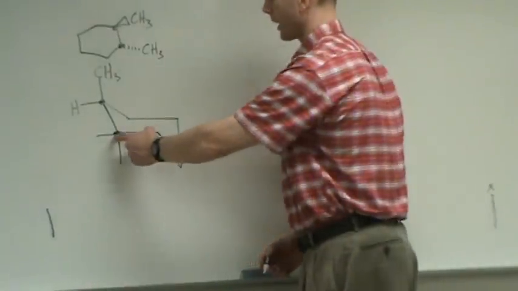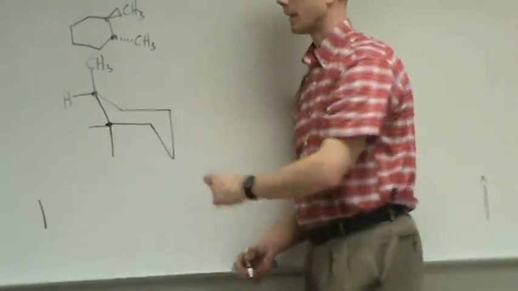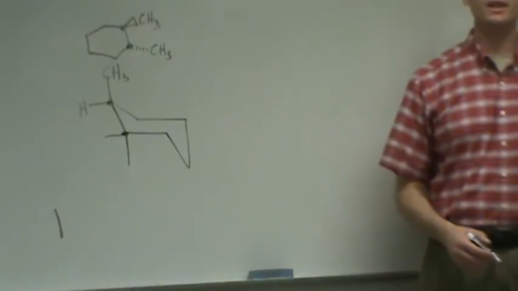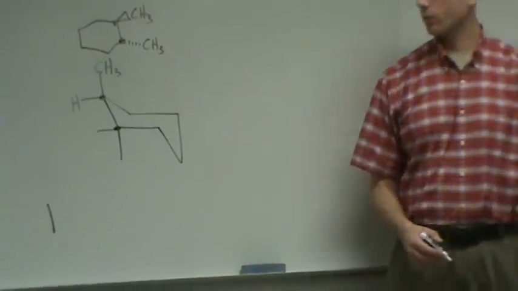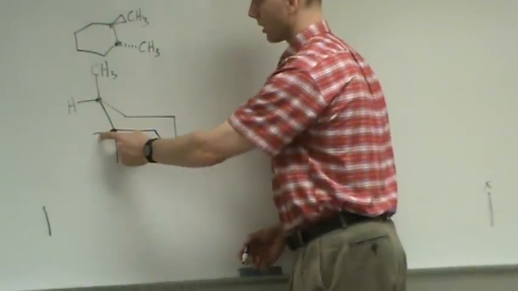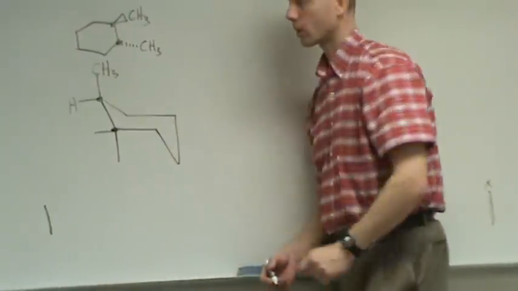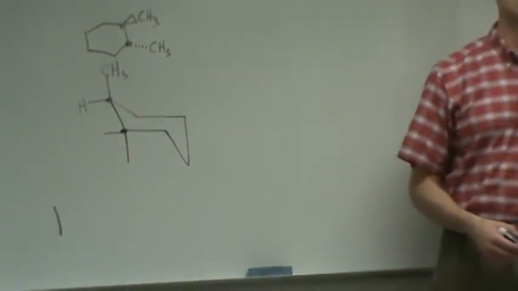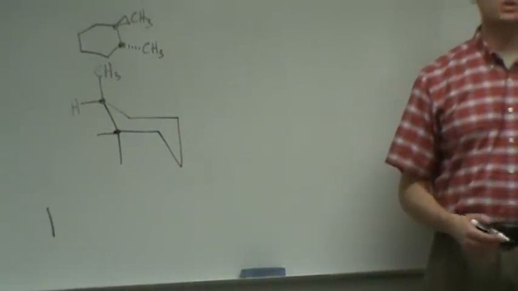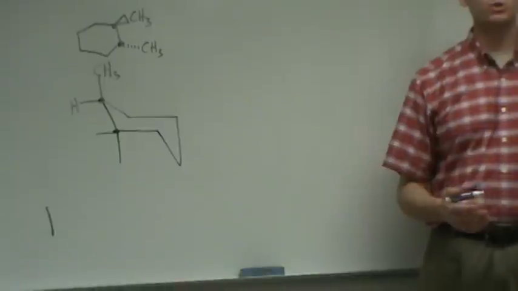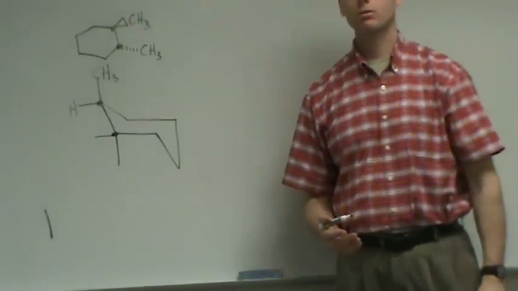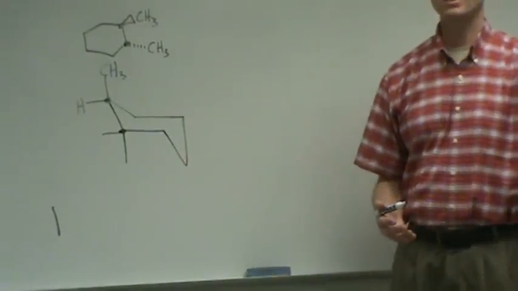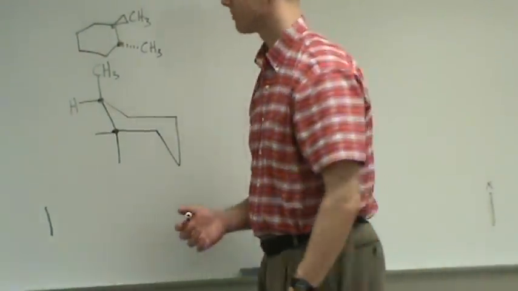Now I want to come down here and put the other CH3 on it. Where is it going to go? On this bond or on this bond? Let's figure it out. This is where students always mess up. Just like you did.